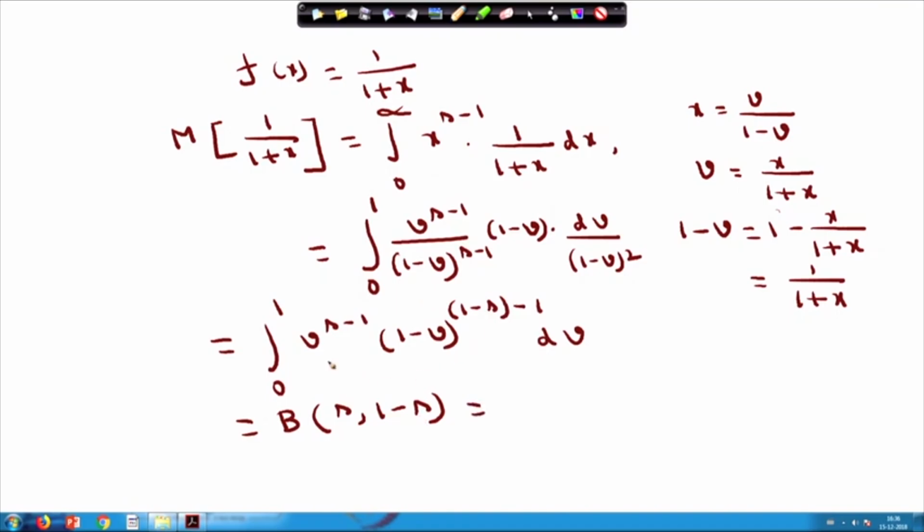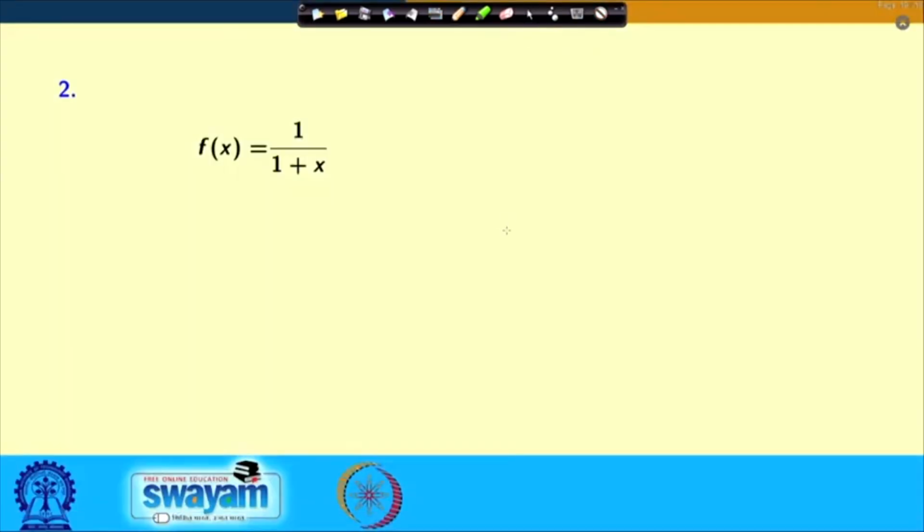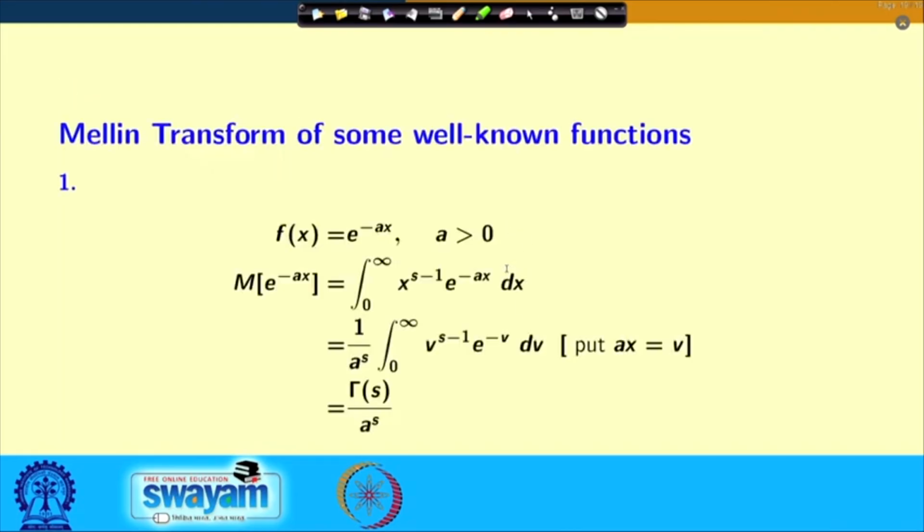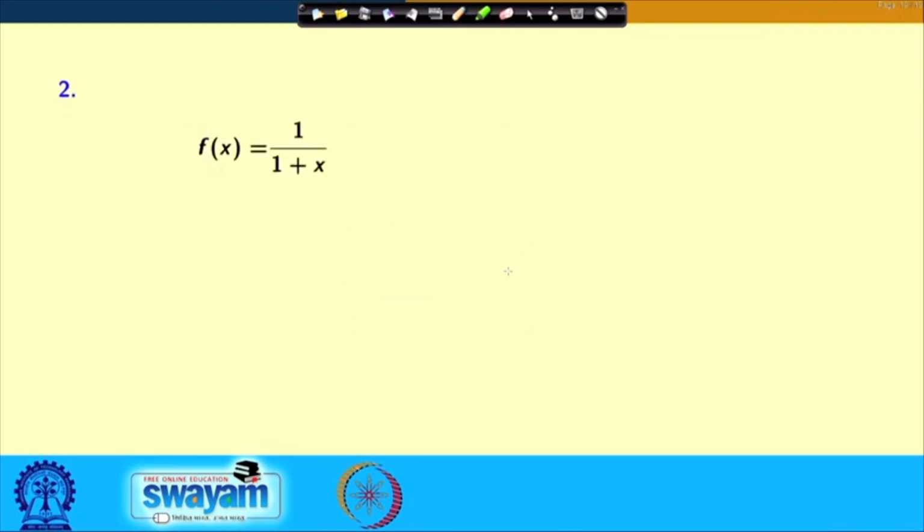The value of this given integral, again it is known to us, is equal to beta s comma 1 minus s, and this equals gamma s into gamma 1 minus s, whose results are known again to us. So, therefore, the Mellin transform of 1 by 1 plus x is equal to beta s comma 1 minus s, and this equals gamma s into gamma 1 minus s. So, if I see the problem over here, your f x is 1 by 1 plus x.